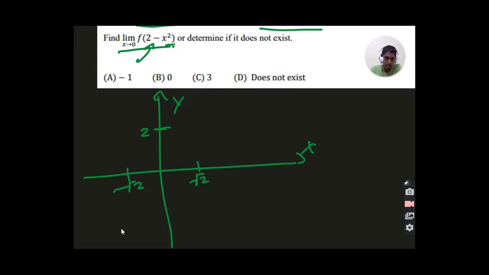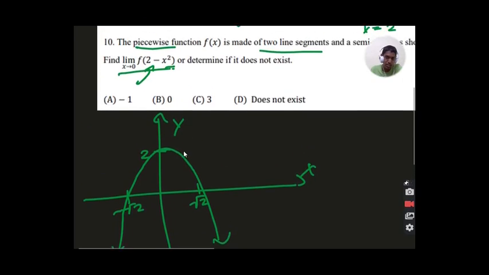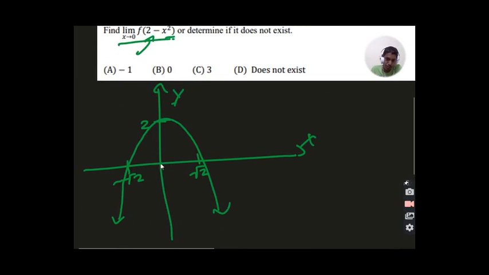Okay, so this is generally what this parabola looks like. And we're approaching 0. From the right and from the left, we are approaching 0 from the bottom. We are approaching 0 from y values that are less than 2.